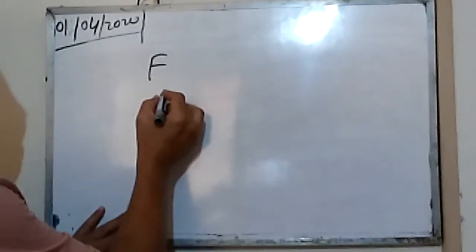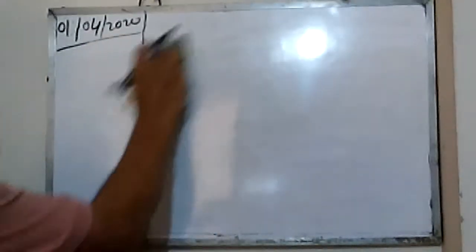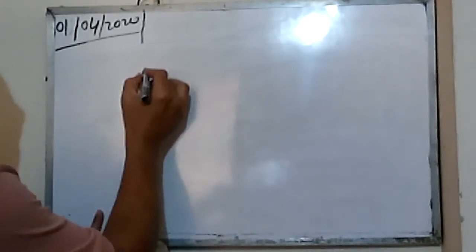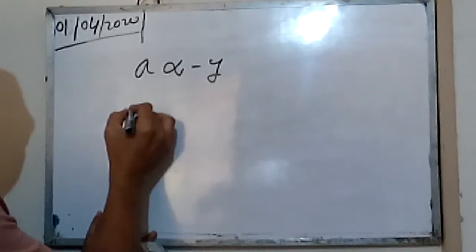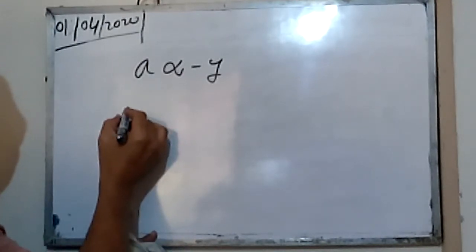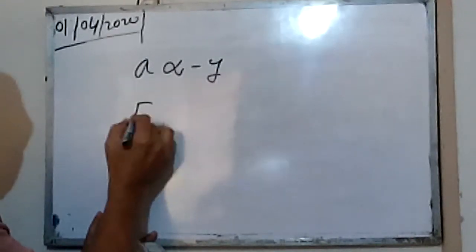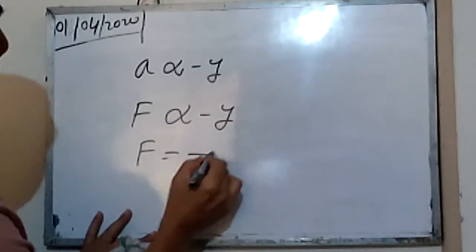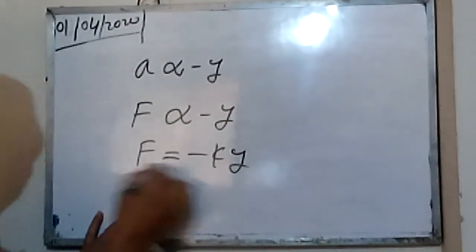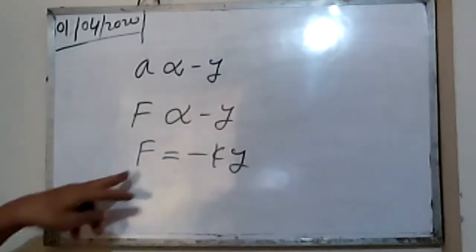We know from the characteristics of simple harmonic motion, acceleration A is proportional to minus y, that is actually F. So therefore F is also proportional to minus y, then F equal to minus ky. We can write this F equal to minus ky.